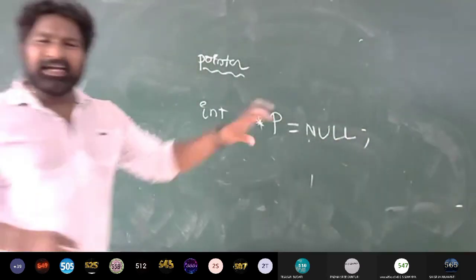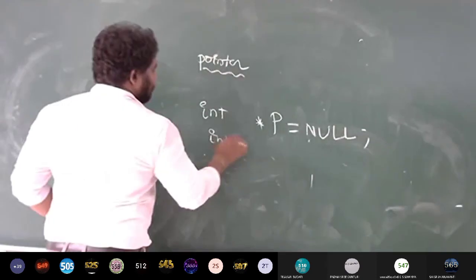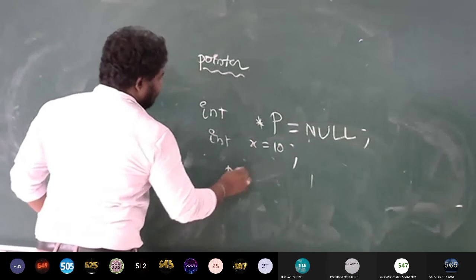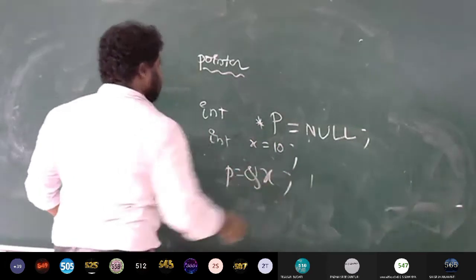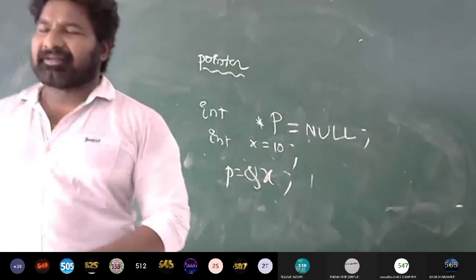Later you can assign the address of any variable. If there is a variable like int x equals 10, then I can say p equals address of x. But initially put null into that. That's a good programming practice.